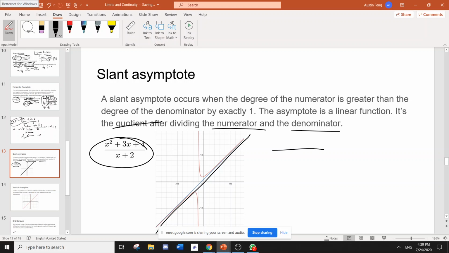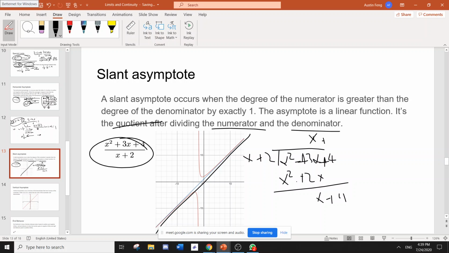Let's just use long division. x squared plus 3x plus 4 divided by x plus 2. So x goes over here, so x squared plus 2x, subtract, we get x plus 4, so plus 1, and then we subtract x plus 2, we get 2.